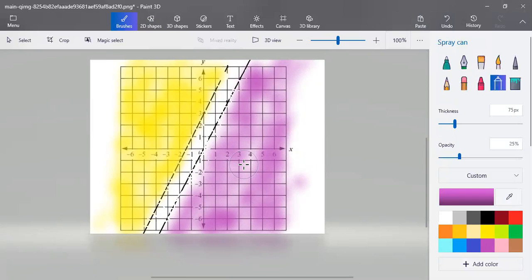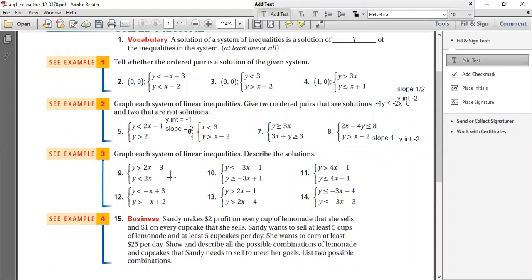So when there is nothing which you can give as the solution, for these kinds of questions where they say describe the solution, because they are parallel lines, and there is no place where they are touching or matching, you say that it has no solutions. Simple as that. So once you draw the graph and shade, if there is nothing matching or touching, that means those inequalities do not have solutions.